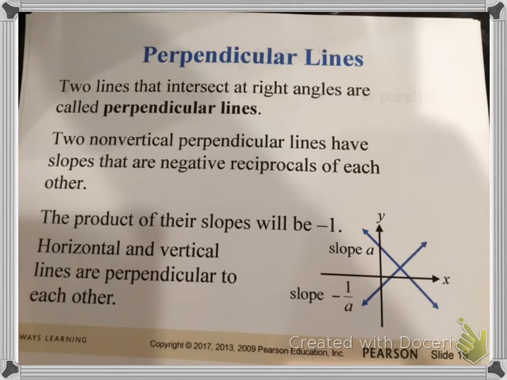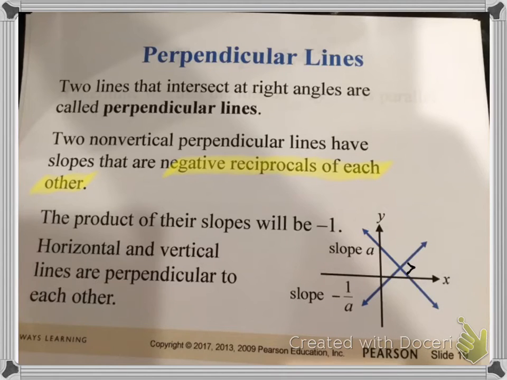Perpendicular lines are ones that cross each other and basically create a 90-degree angle. And the interesting thing about this is their slopes are negative reciprocals of each other. Okay, so let's discuss what that means.